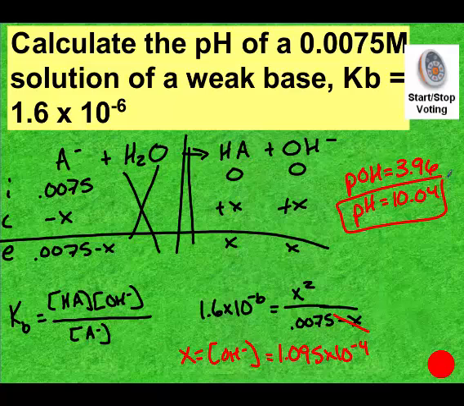So in this case, you had to use the A negative plus water yields HA plus hydroxide. Solving for X, that's still our hydroxide ion concentration. And if you found your percent dissociation, although this was a very dilute base to begin with, our hydroxide ion concentration is still less than 5% dissociation. So finding our pOH, we negative log our hydroxide, and then 14 minus that gives us our pH.